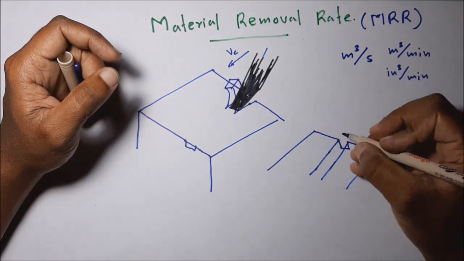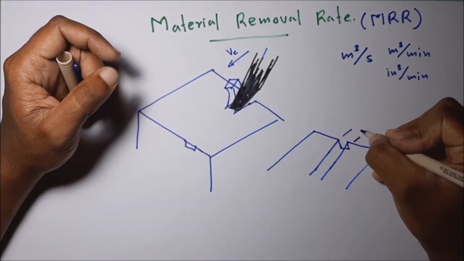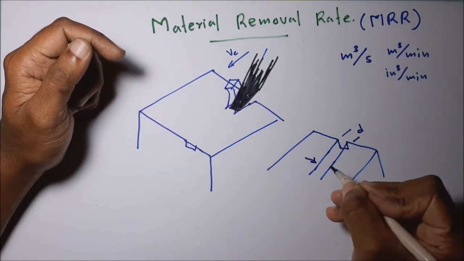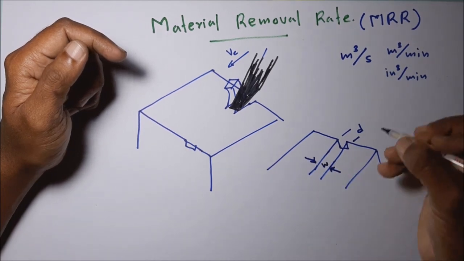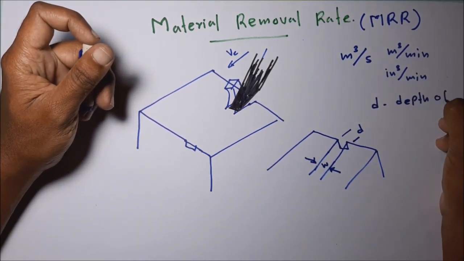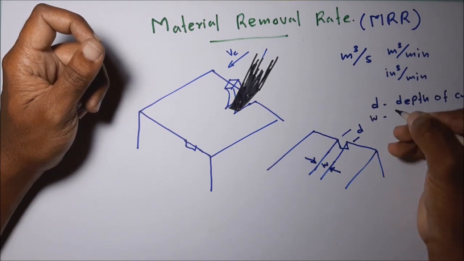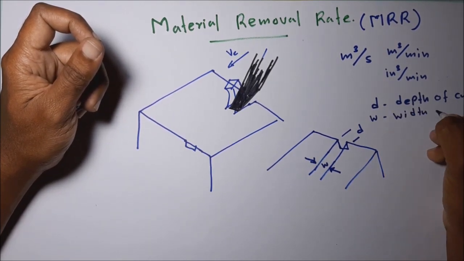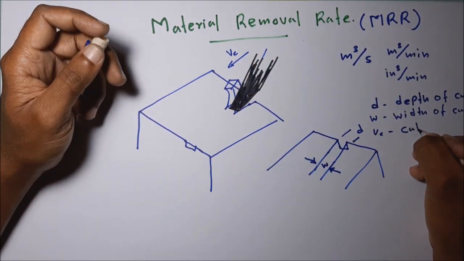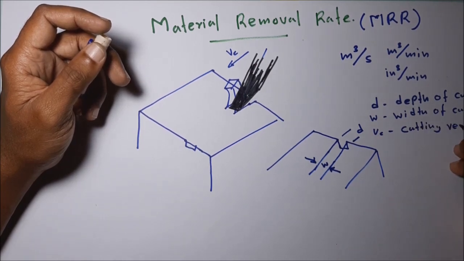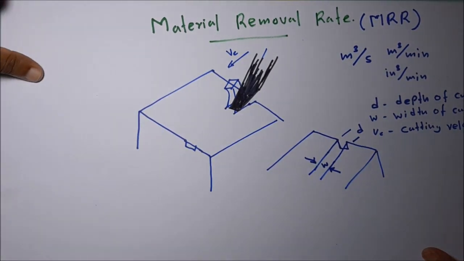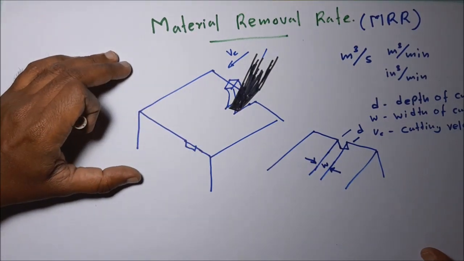Let's take the depth of cut, this depth, as d. Then the width of cut means this dimension, w. So d means depth of cut, w means width of cut, and vc means cutting velocity.